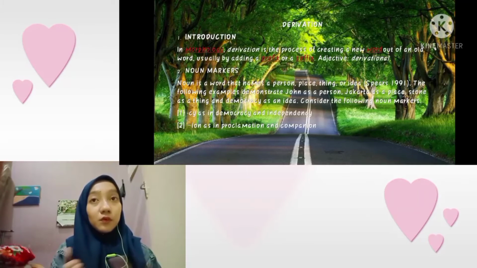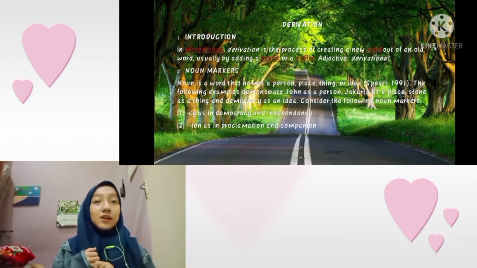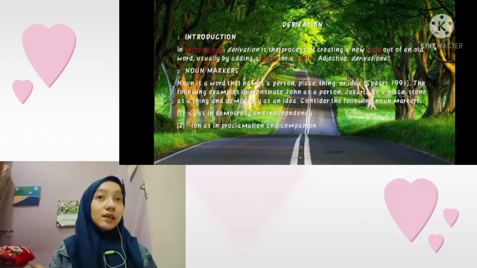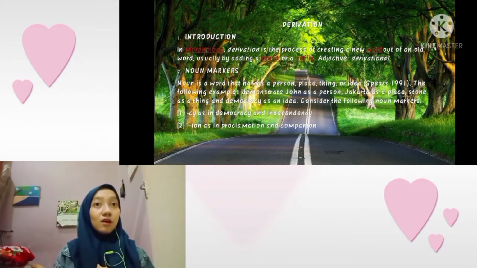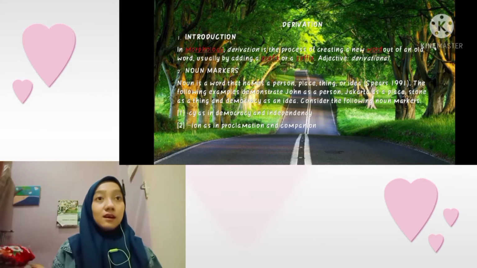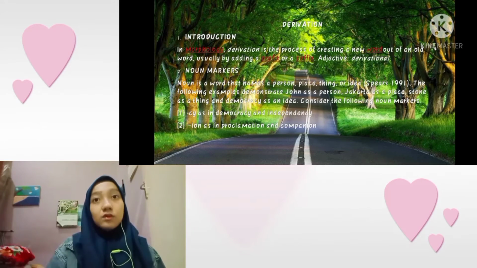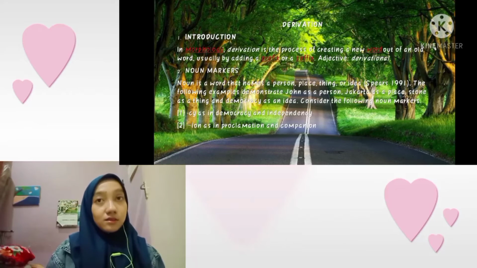Derivation. 1. Introduction. In morphology, derivation is the process of creating a new word out of an old word, usually by adding a prefix or a suffix. Adjective derivational. 2. Noun markers.